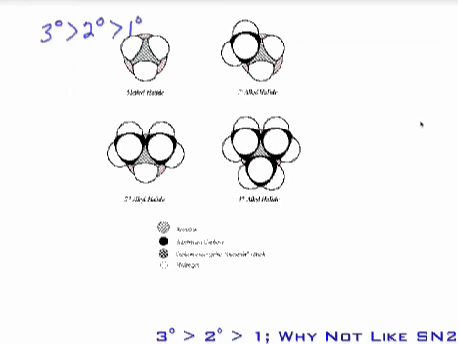Why do we have tertiary versus secondary versus primary, whereas in the SN2, if you remember the SN2 reaction mechanism, it was primary and methyl. We won't include methyl because it's not important for elimination, but primary is faster than secondary. Remember, for the SN2, primary is faster than secondary because of the backside attack, the need to get at this gray carbon here.